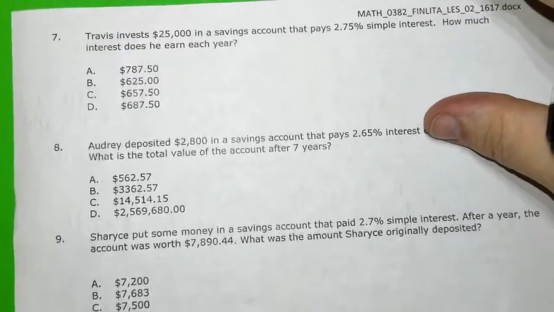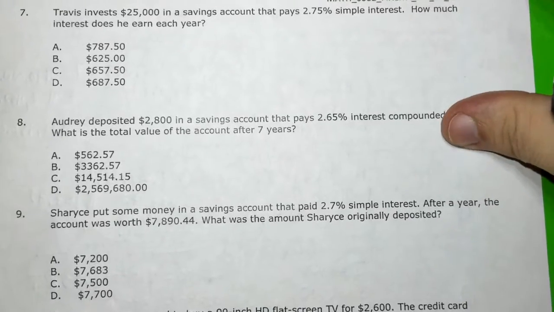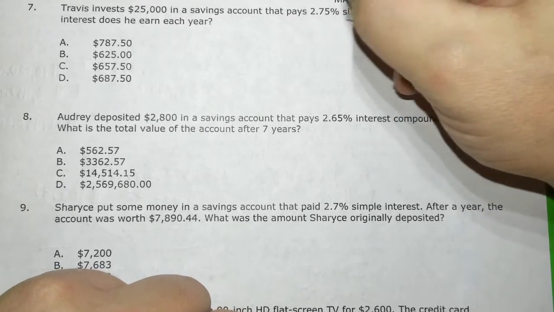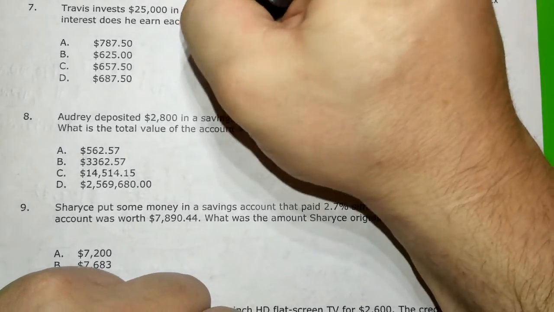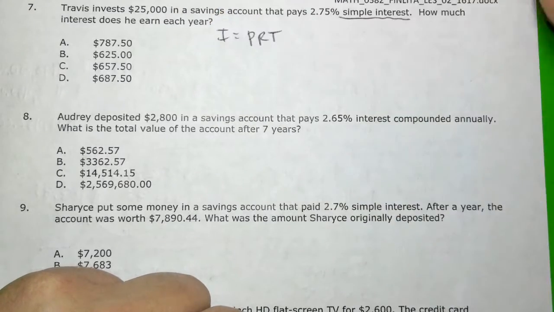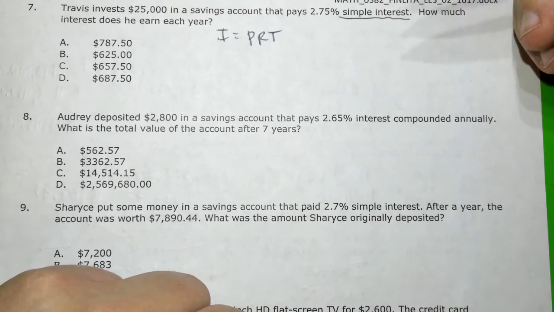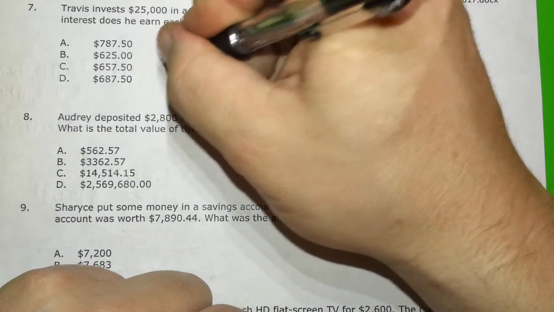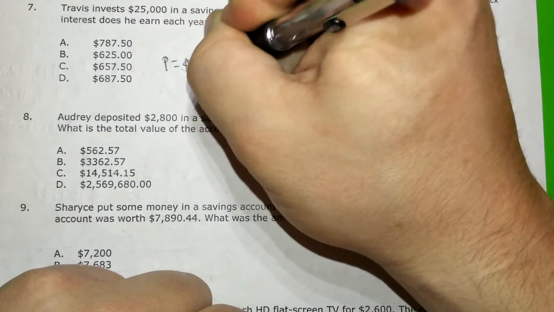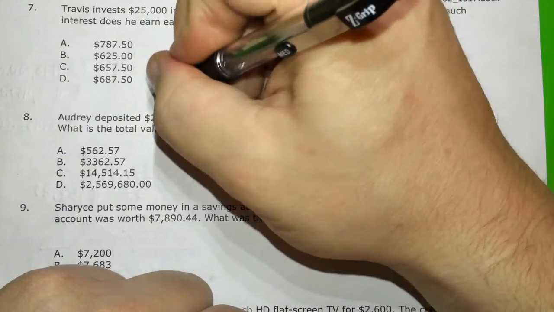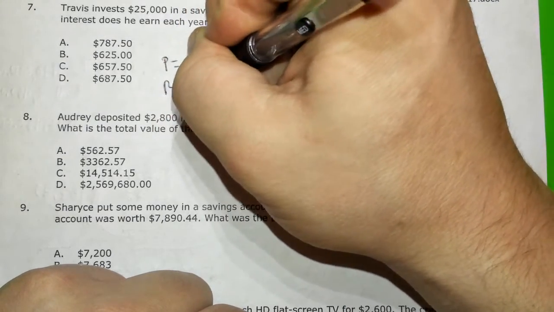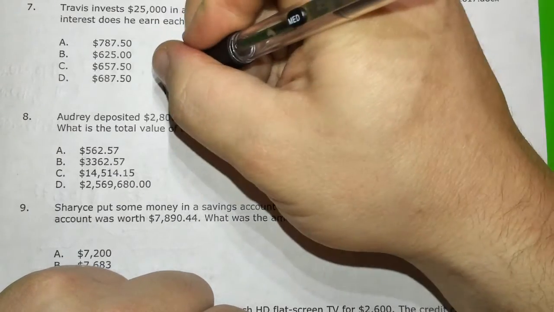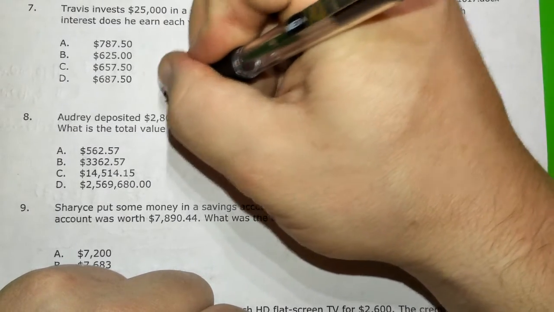Number 7, Travis invests $25,000 in a savings account that pays 2.75% simple interest. So we know I equals PRT. How much interest does he earn each year? Okay, so we know our principal is $25,000. We know our interest rate is 0.0275. Okay, and we know our time.